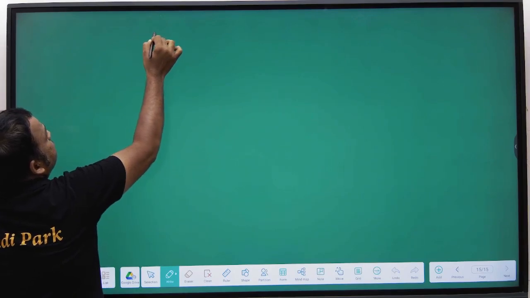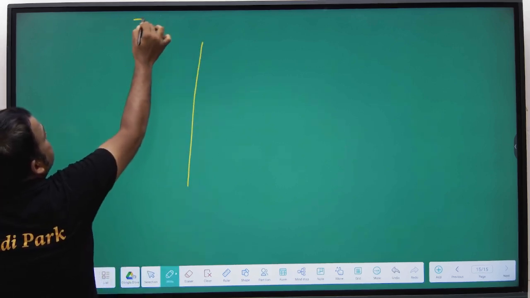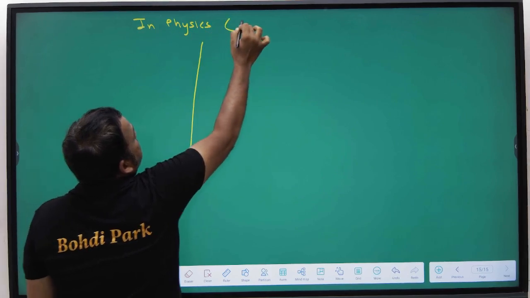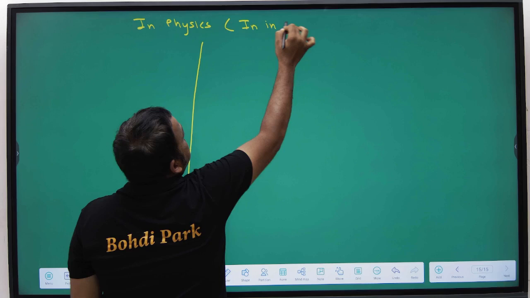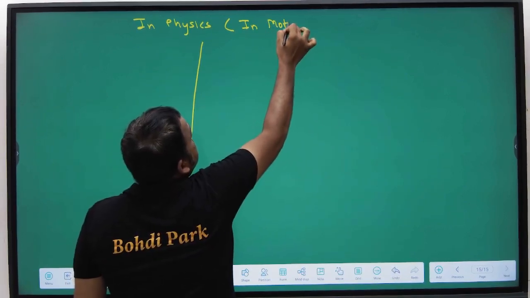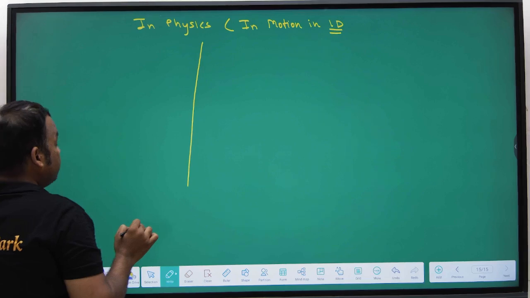Now let's make one table. In physics, specifically in motion in 1D, motion in one dimension, we have few quantities.